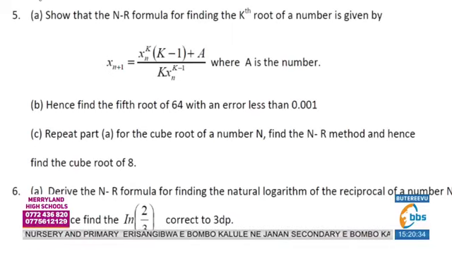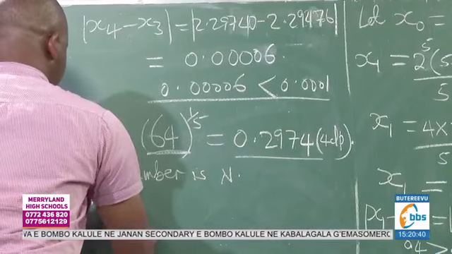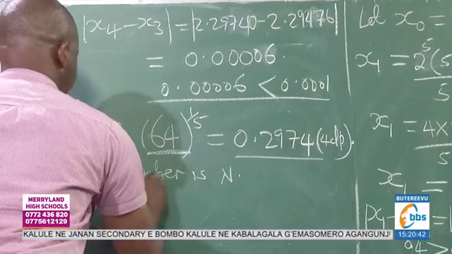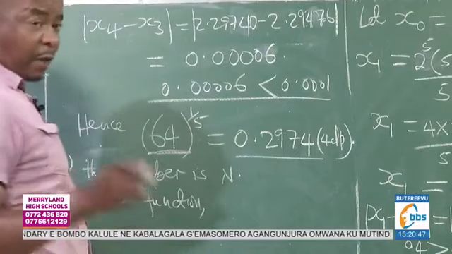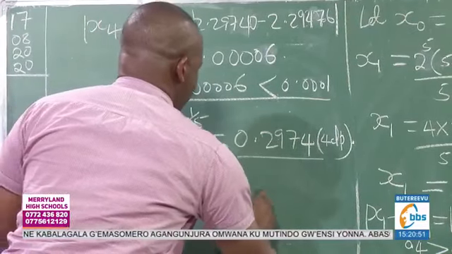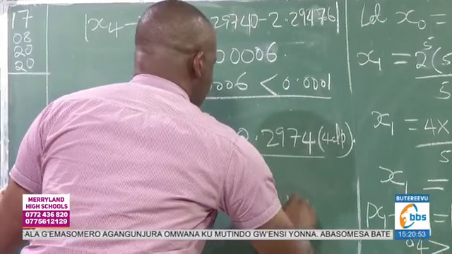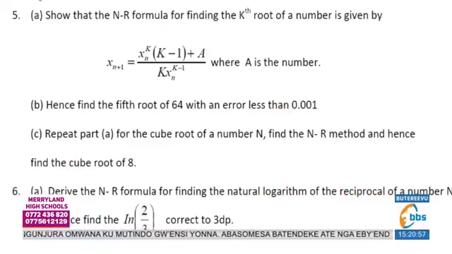This implies that if we let x be the variable, then x is equal to n to the power 1/3. That's what it implies when they say to find the cube root.